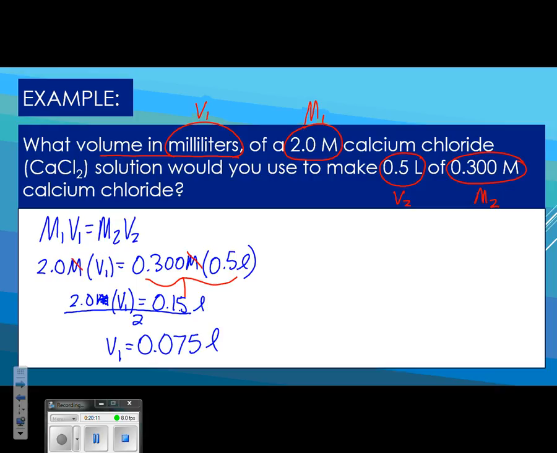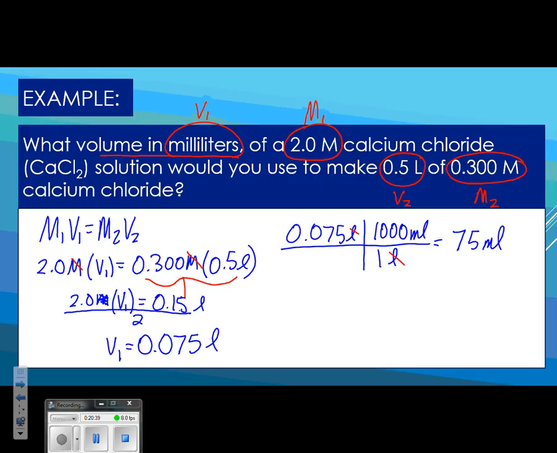How do I change from liters to milliliters? Okay, good. In 1 liter, there are 1,000 milliliters. So here my liters would go out, and I would be left with what? 75 milliliters.